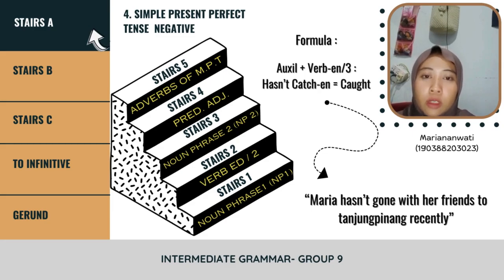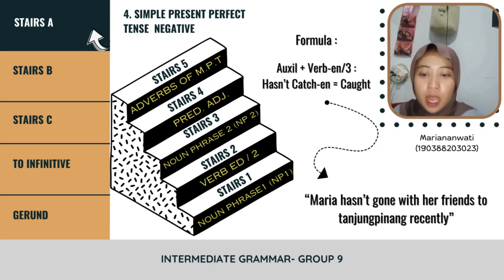So I have a one sentence about simple present perfect tense negative as Maria hasn't gone with her friends to Tanjung Pinang recently. Maria is a noun plus 1. Hasn't gone is the verb en or verb 3, is auxiliary plus verb en or verb 3.